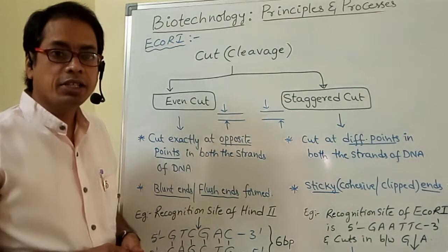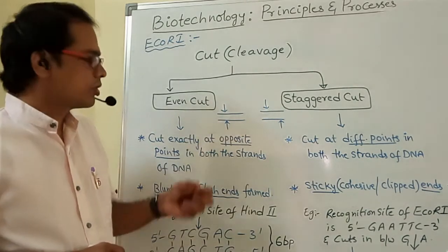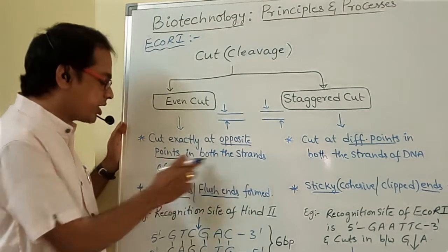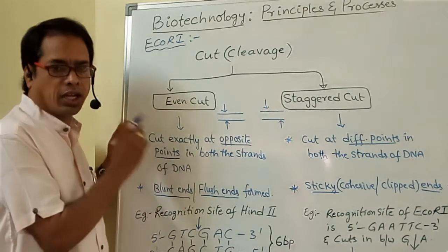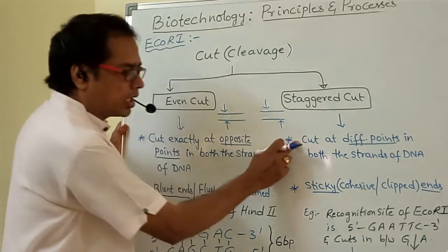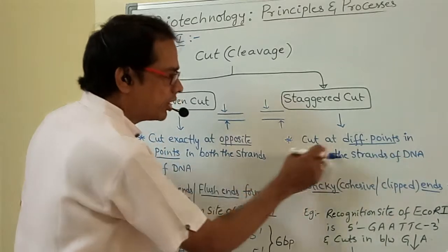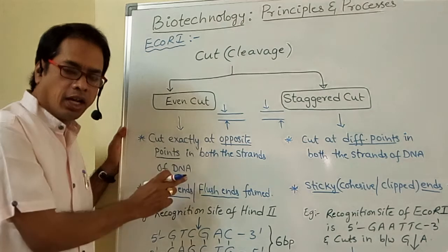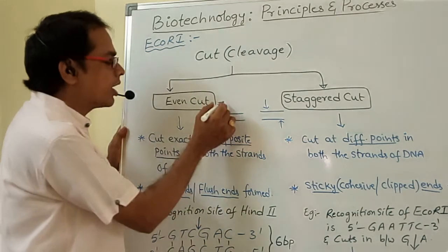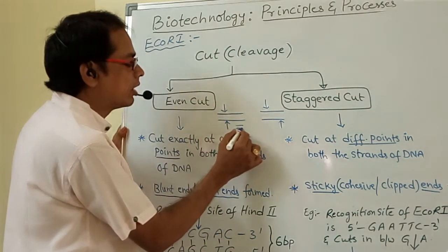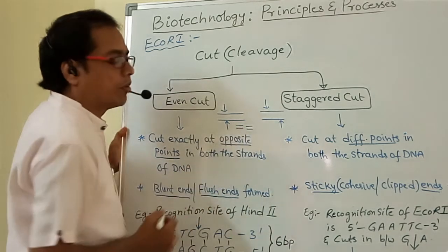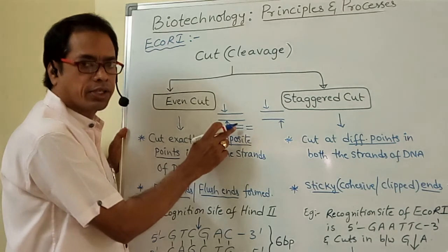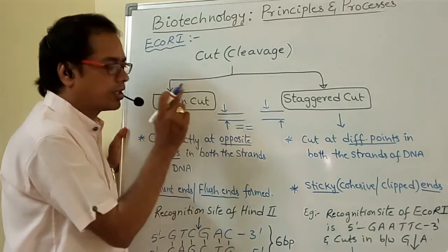So cut exactly at opposite points in both the strands of DNA is called even cut, and cut at different points in both the strands is called staggered cut. In even cut, if we cut like this, the fragments will be formed, and these ends are called blunt ends or flush ends.